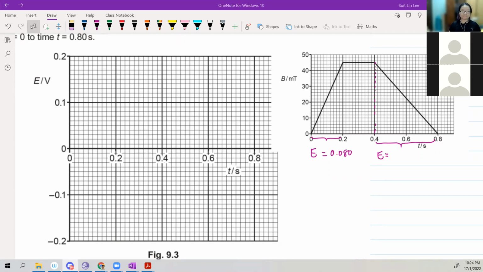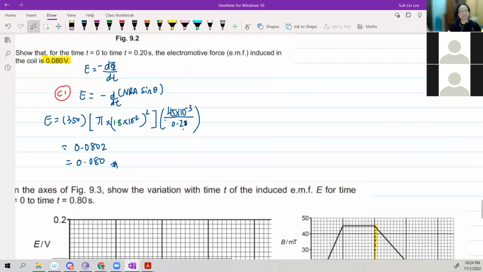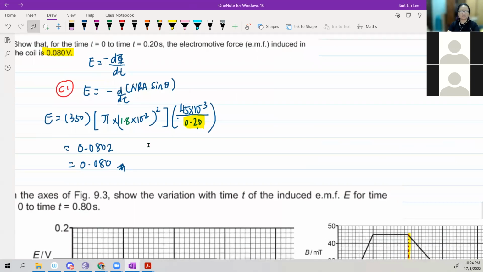What do you think? Double the time. And we decrease the same amount. I guess you could repeat the calculation, and the only thing you will change is this 0.2 to 0.4. Everything else is the same. I didn't change anything about the coil, so this part is the same. I have the same drop in magnetic field, so this 45 is still the same.